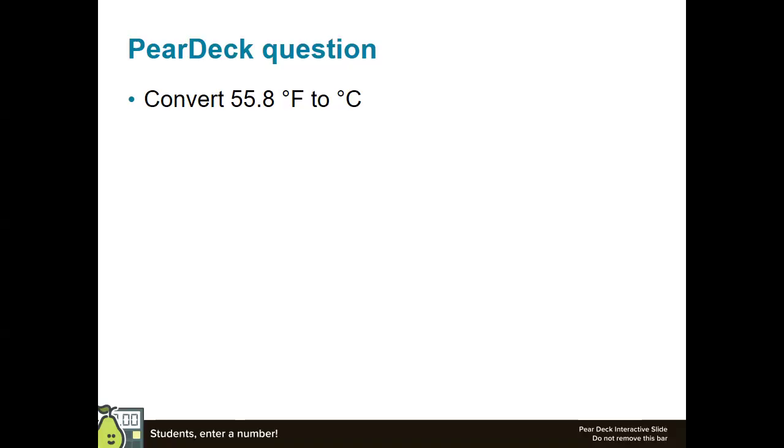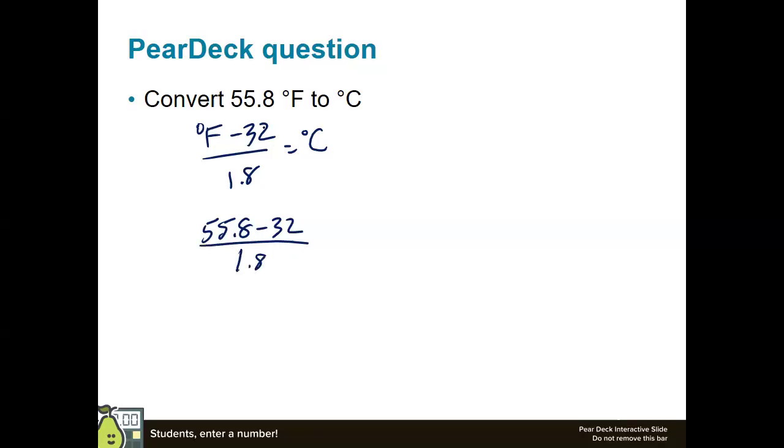So the first one is, we want to convert this Fahrenheit measurement into Celsius. And so the equation that we're going to use is Fahrenheit minus 32 divided by 1.8 is equal to degrees Celsius. Now, again, speaking here from a perspective of precision, 55.8 minus 32, what we have to remember is that the 32 and the 1.8 are both exact numbers.